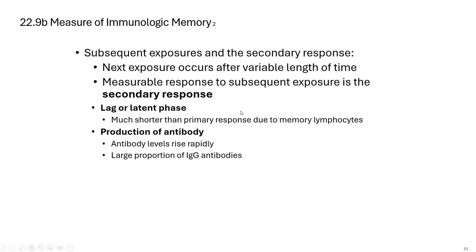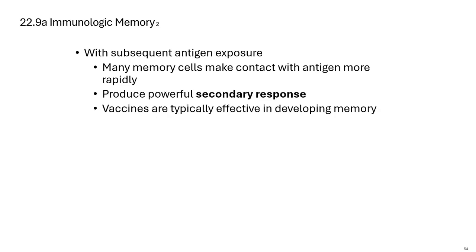So that latent or lag phase is much shorter than in the primary response, because you have those memory cells, the same cells that were produced during the initial encounter. Those are there whenever you have your second encounter and your third and your fourth and so on, and so those antibody levels are going to rise very, very quickly.